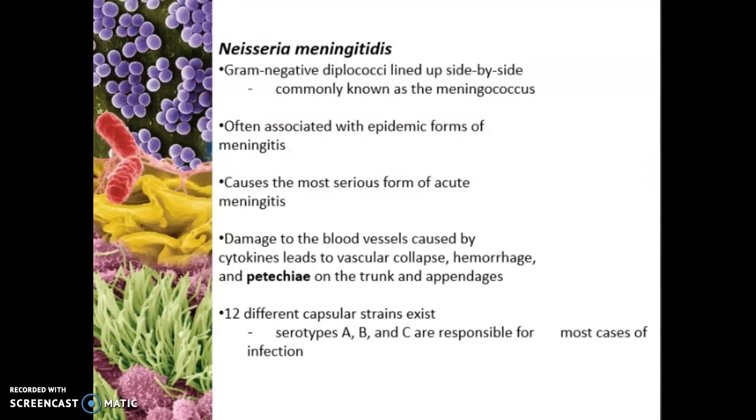Because of the damage going on from the presence of the microorganism, there is damage done to the blood vessels. This is caused through cytokine release, and so you have vascular collapse and hemorrhaging, and the combination of those two processes produces petechia. And it's going to be very bright bruising, looking more like a blood blister versus just a plain old bruise.